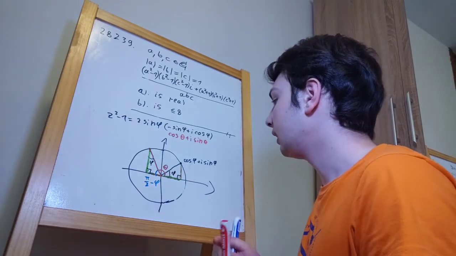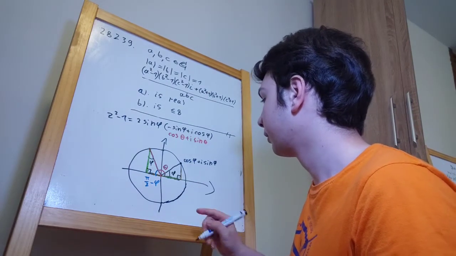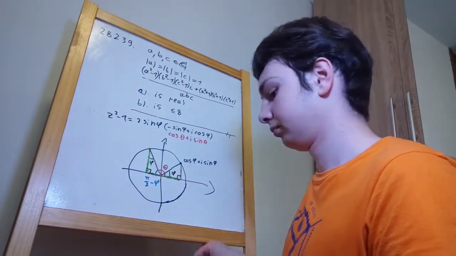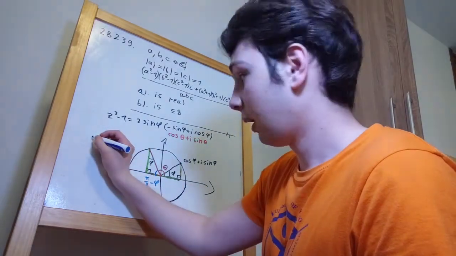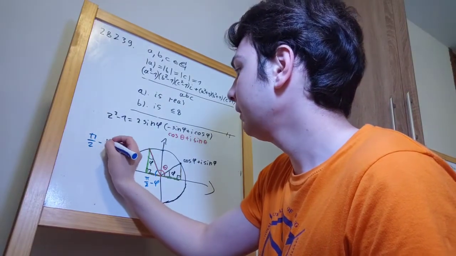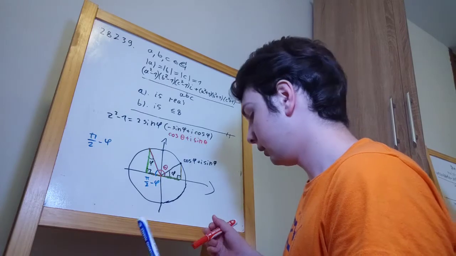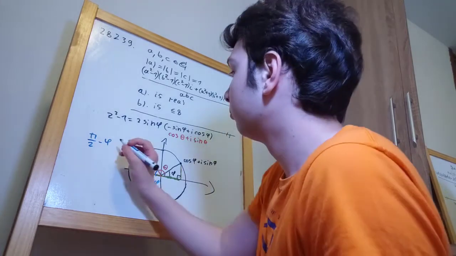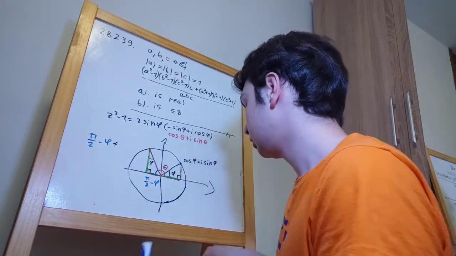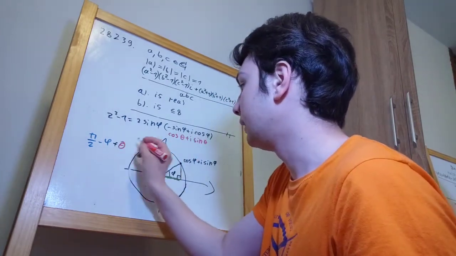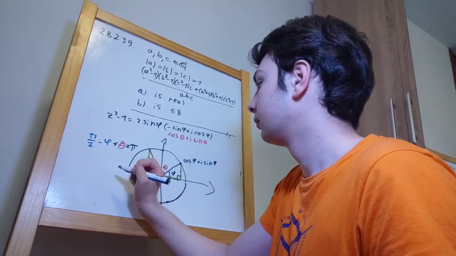So in the end, we have pi over 2 minus phi plus theta is equal to pi.